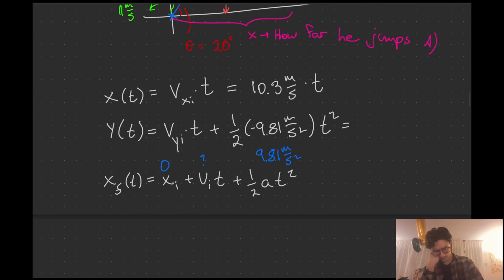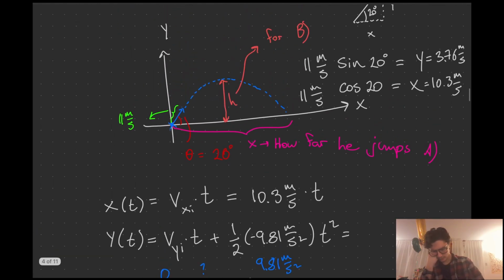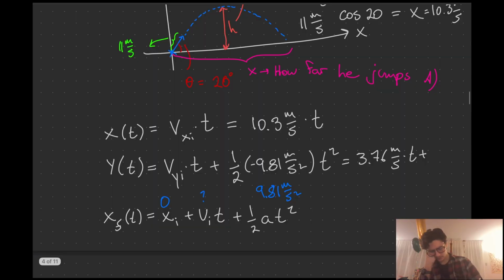And in the y direction we have 3.76 meters per second times time, plus let's divide 9.8 by 2 and put a minus sign here. 4.9 meters per second squared times t squared.